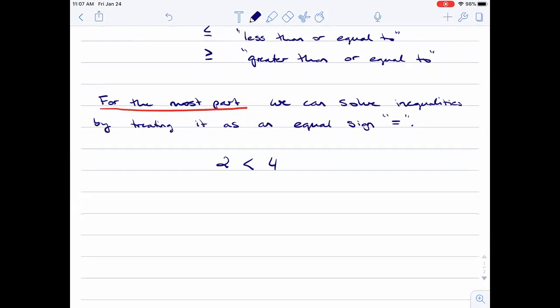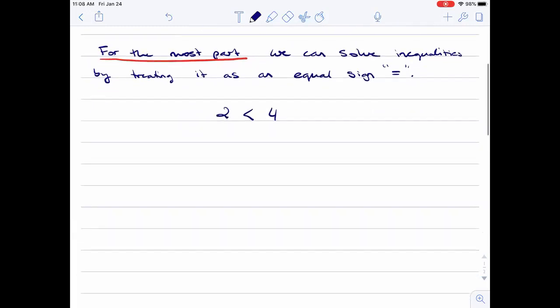What if I multiply both sides by -1, for example? -2 is not less than -4, right? And so if we multiply or divide by a negative number, we have to switch the sign.